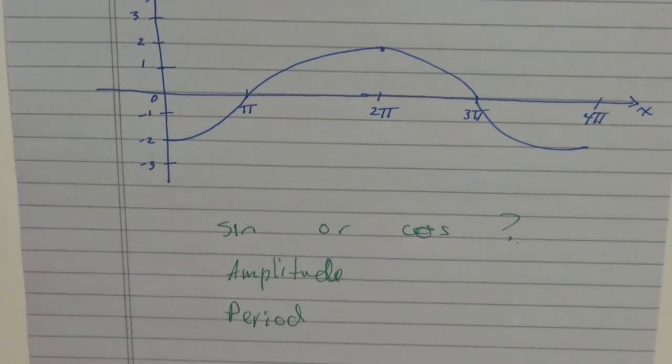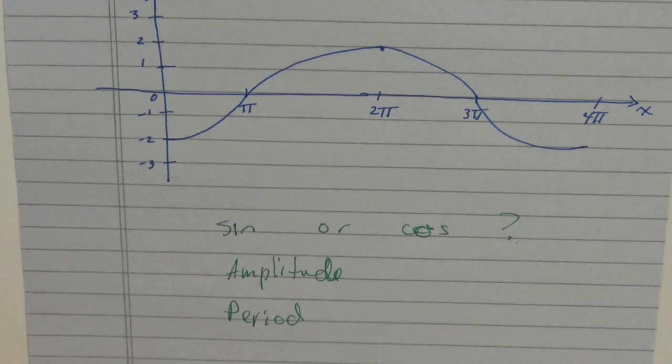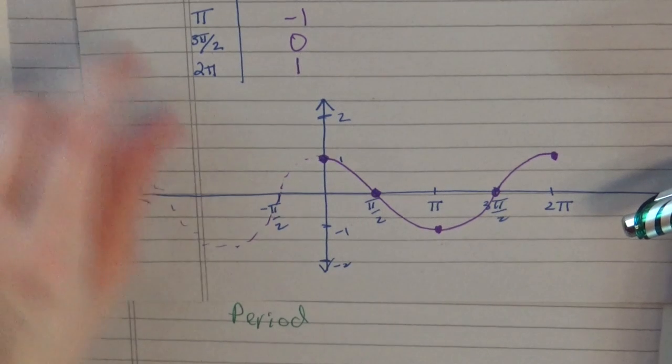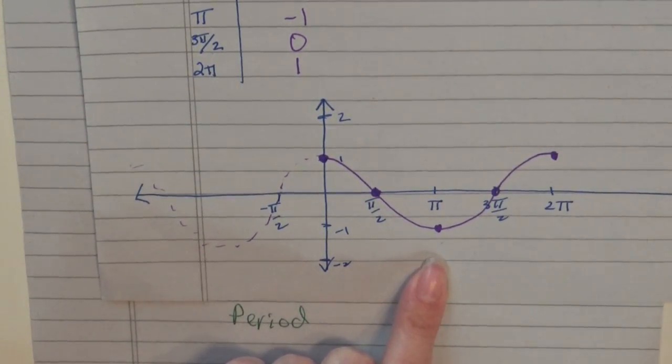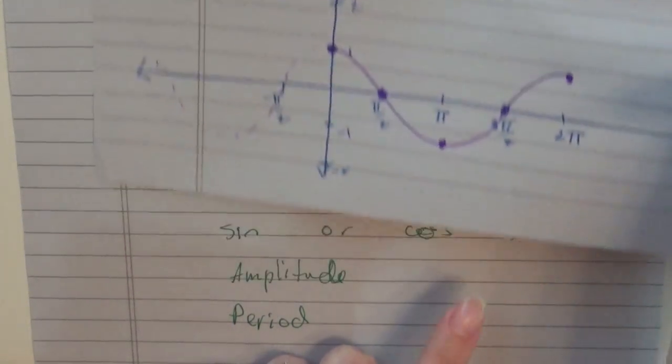So does this look like a sine or a cosine function? Well, just looking at this, to me, it looks like a cosine function that's been reflected across the x-axis. If I go back and look at your original sine and cosine functions at the beginning of this section, this is the original cosine right here, and it looks similar to what we have in example 6, except it's been reflected across the x-axis.